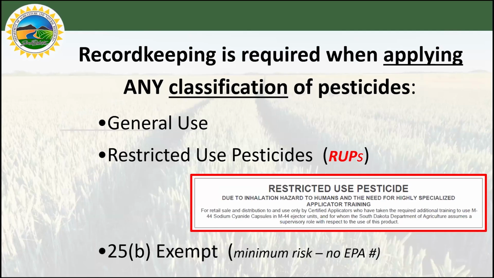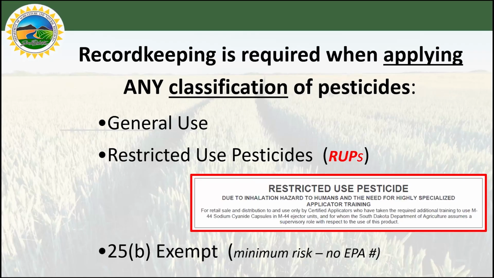Again, record keeping in South Dakota is required for any application you make, whether it's a general use pesticide, which is a pesticide that anyone can purchase. Homeowners that aren't producing $1,000 worth of an ag product don't have to have a pesticide applicator license, a private license to apply on their own land.